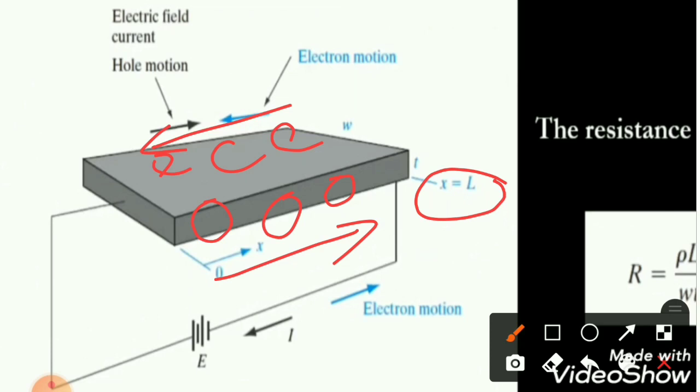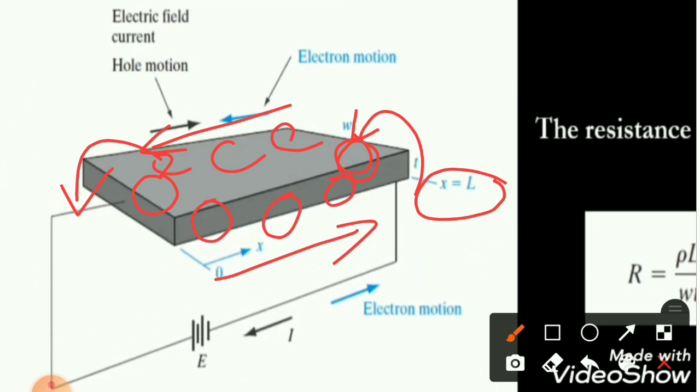When a hole reaches the point x = L, the electrons which are present at x = L will recombine with this hole. When the electron recombines with this hole, a hole will be generated at x = 0 by moving the electron which is present at x = 0 to this line. I hope you are getting what I am saying.